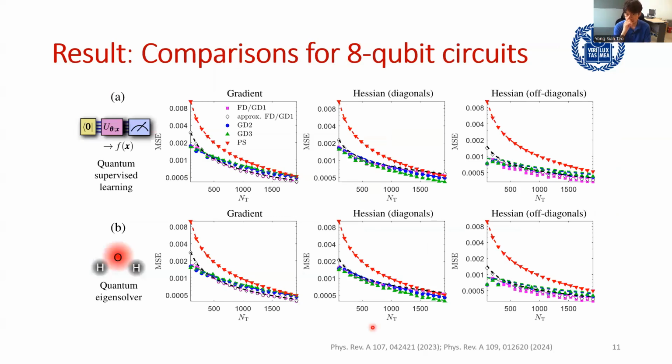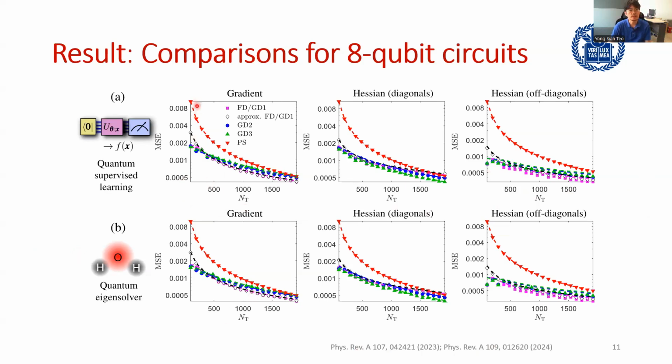So these are just graphs showing you the results of properly optimizing the gradient and Hessian component estimators for two different applications of VQAs. At the top, we consider quantum supervised learning, and at the bottom, we consider quantum eigensolvers for the water molecule.